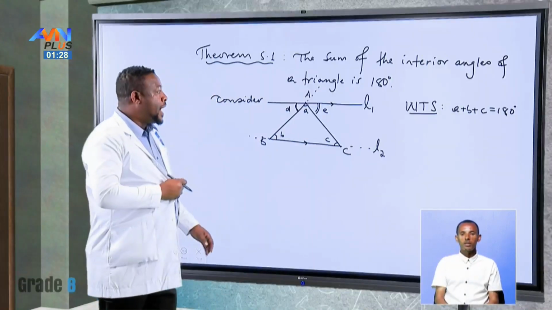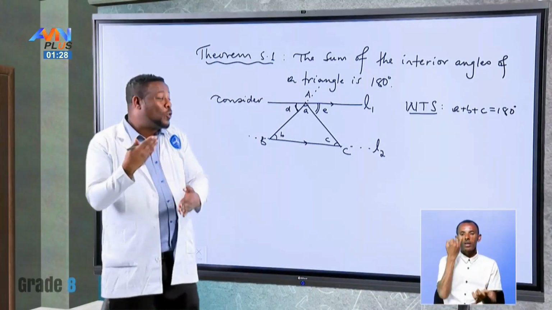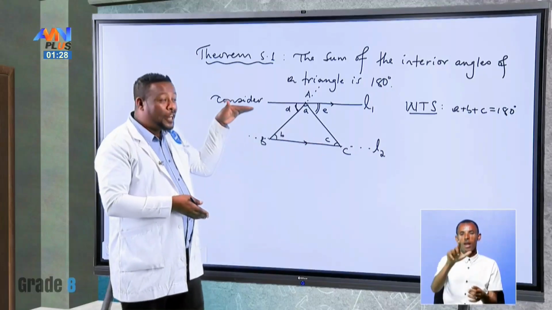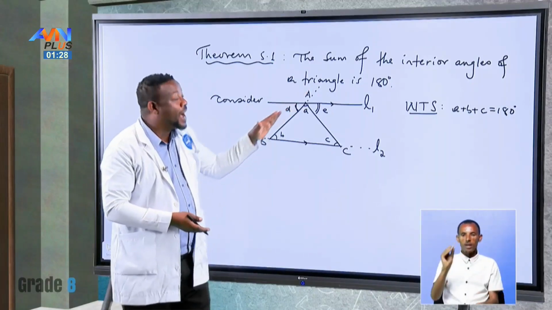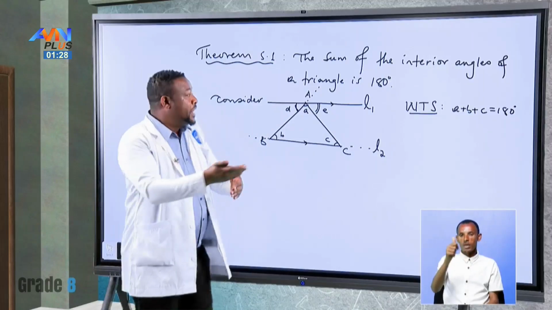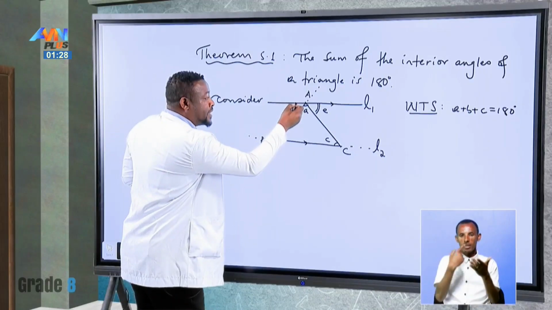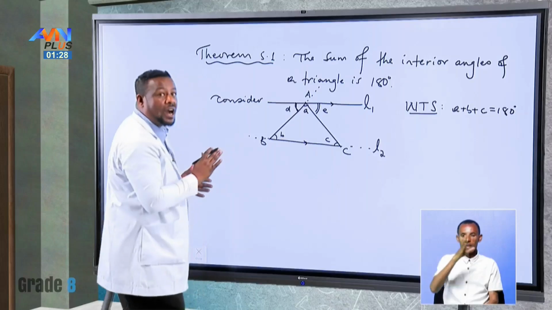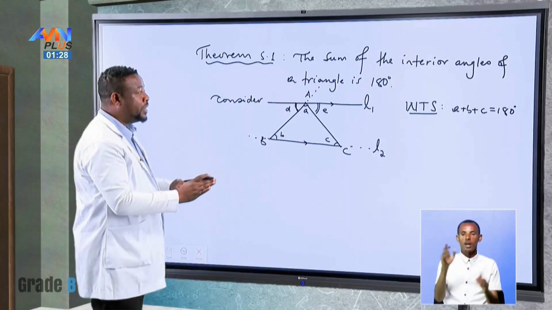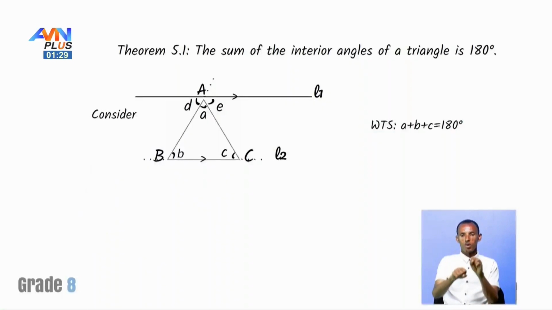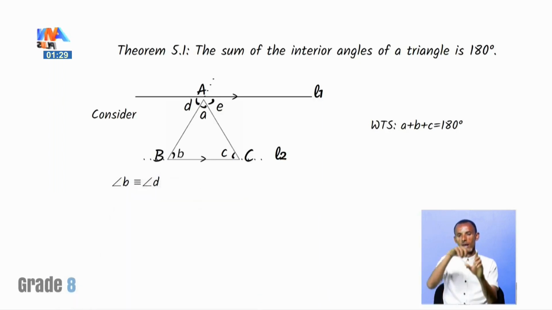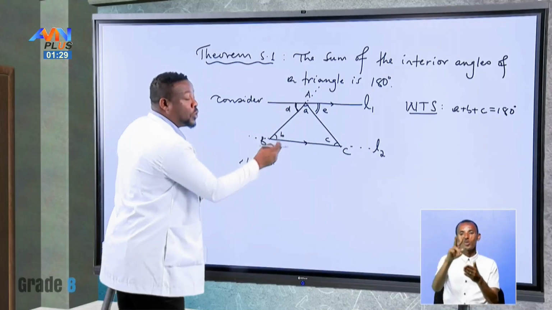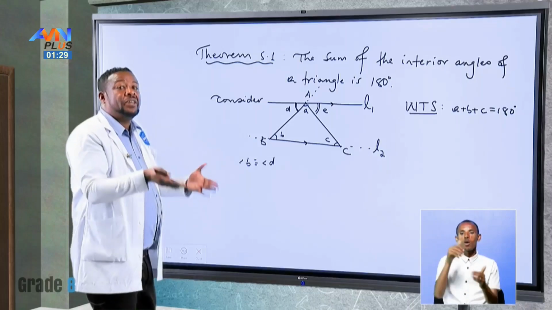Now, if you consider L1 and L2 as parallel lines and BA as a transversal, this angle D and angle B are the same, right? So angle B is congruent to angle D. These two are congruent by alternate interior angles.